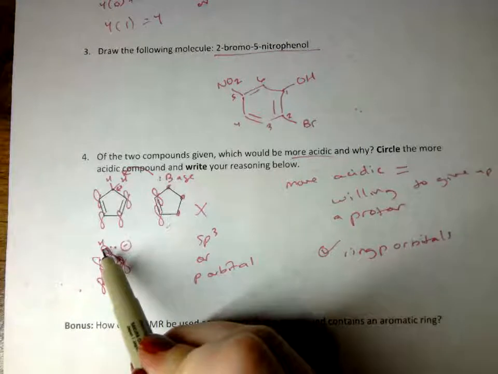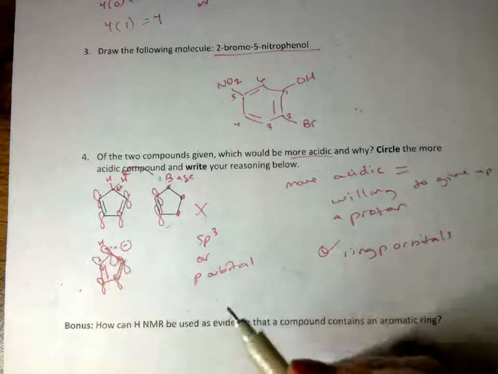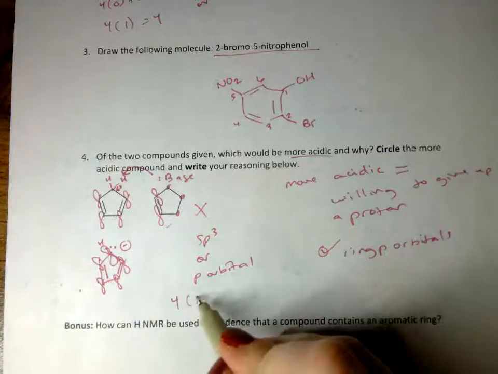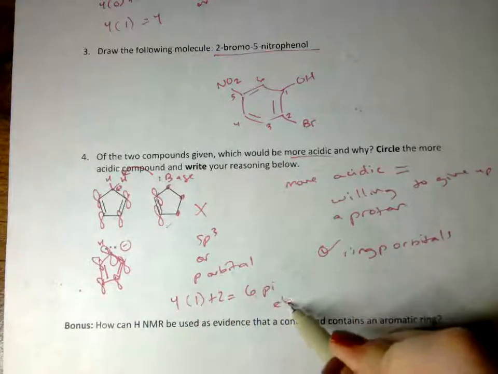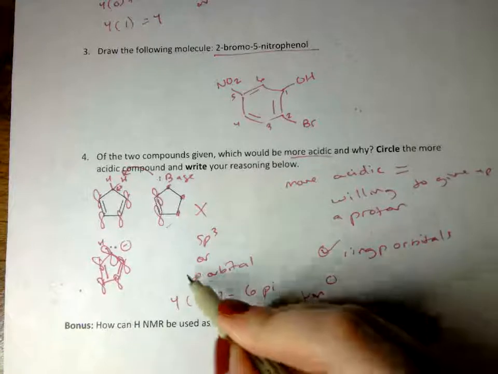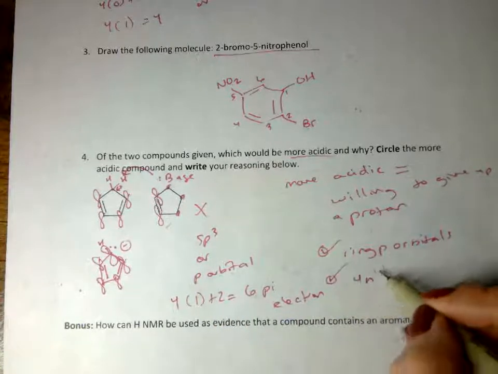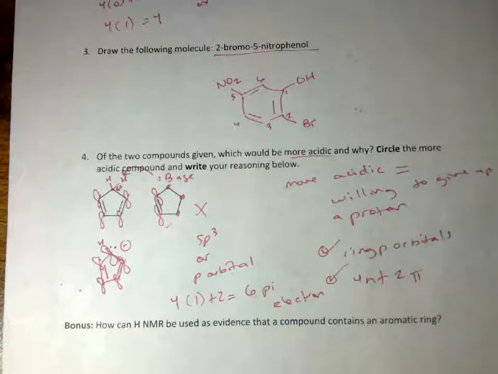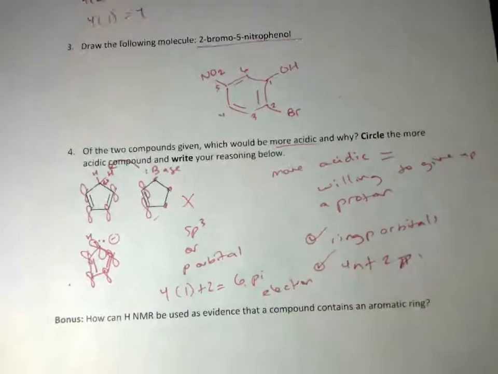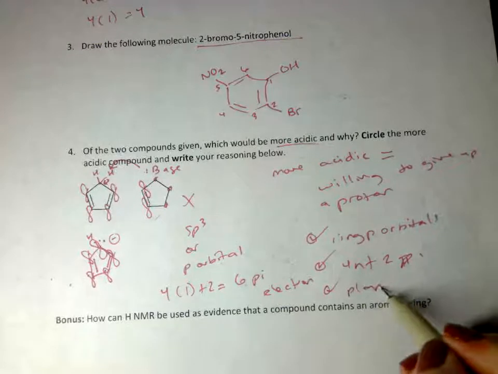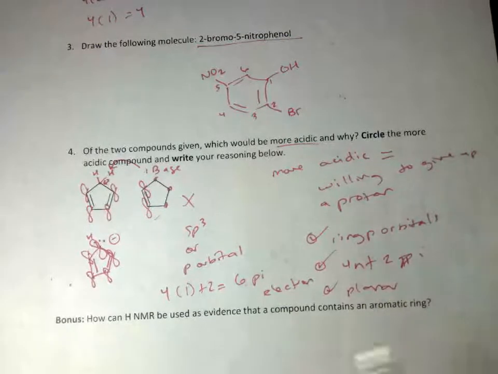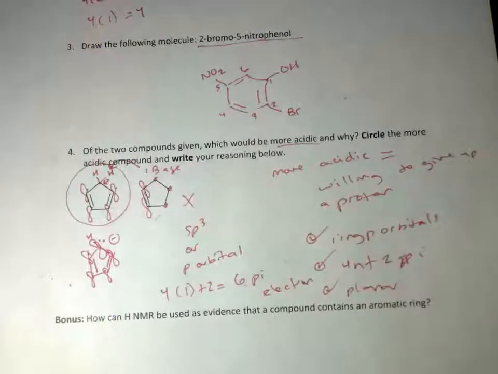So if these 2 electrons went into this p orbital right here, we'd have 6. And 6 is 4 times 1 plus 2, so 6 pi electrons. So actually, it will go into the p orbital, and that helps us meet the 4n plus 2 pi electrons. And then if it's got those 2, it's usually also planar. It's not anti-aromatic. So this is going to be more acidic, because if it gives up a proton, it ends up becoming an aromatic compound, and that's why.